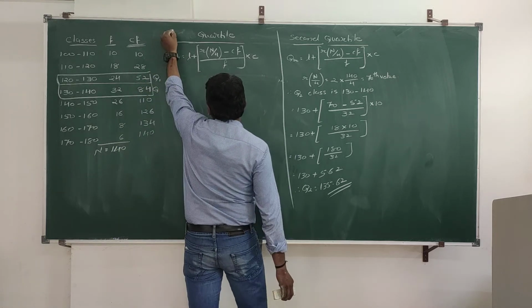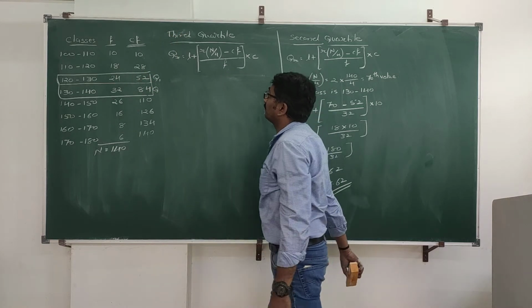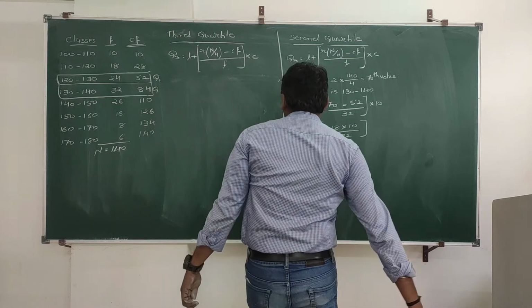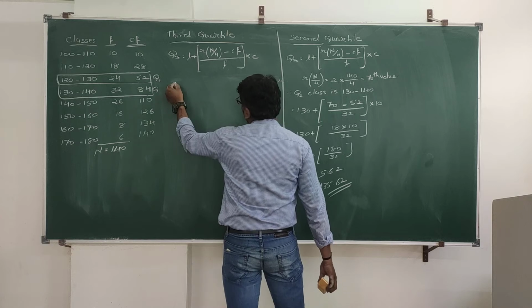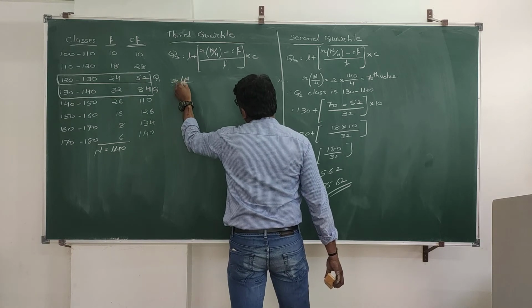Write down the heading as third quartile. For practice, you can write the formula, otherwise directly you can start. Again, we have to start with Rn upon 4.